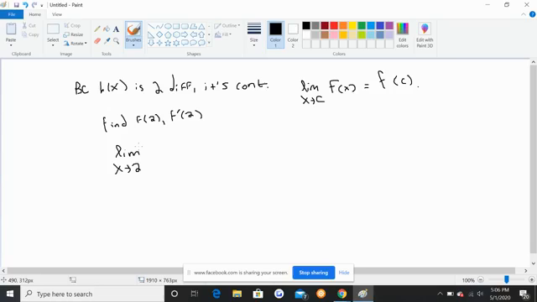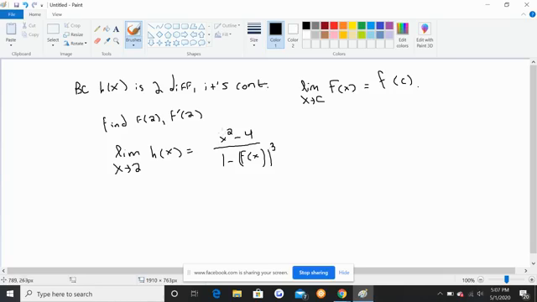So the limit as x approaches 2 of h of x is equal to x squared minus 4 over 1 minus f of x to the third power, right?